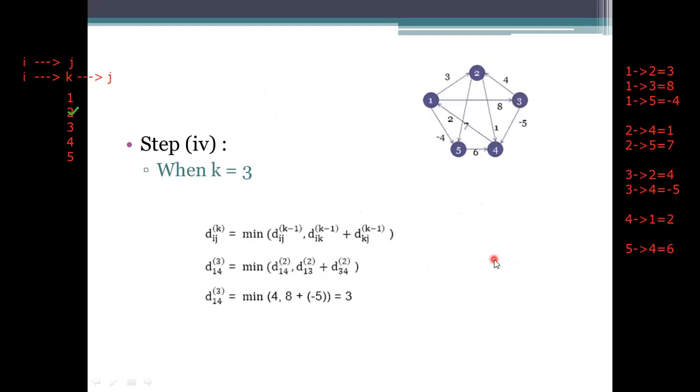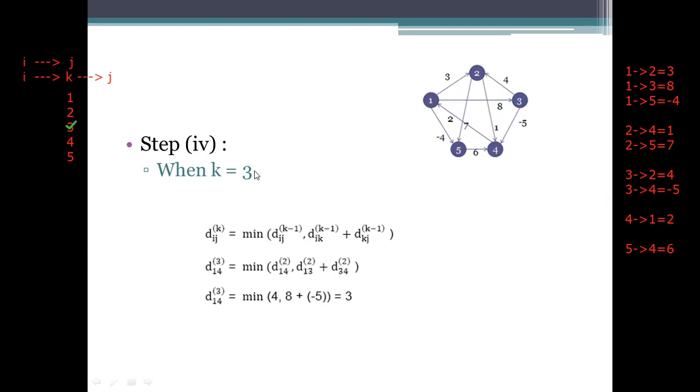k equals 3 means now the intermediate vertex is 3 here. So by using intermediate vertex 3, we need to traverse to that one. I need to update the value, which is the 4. 4 is having the highest value, which is 10.